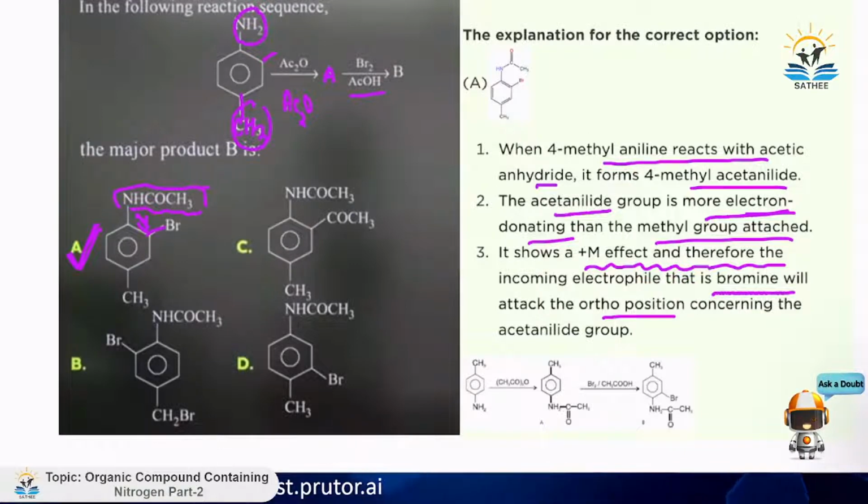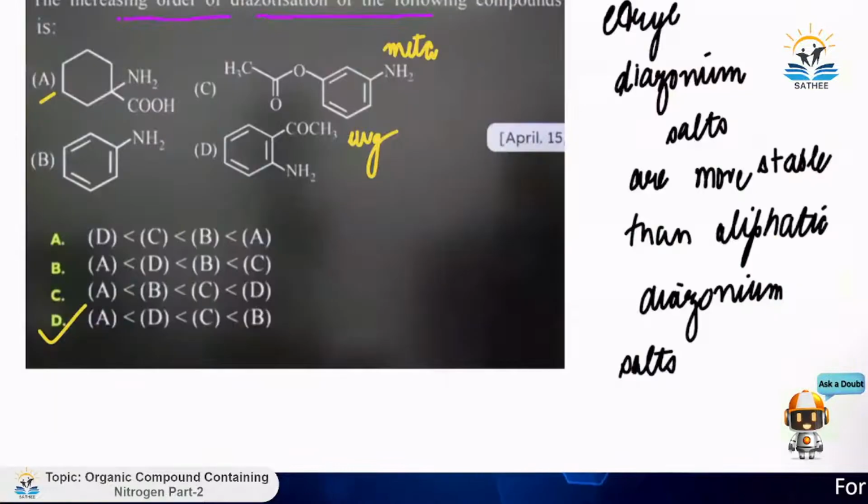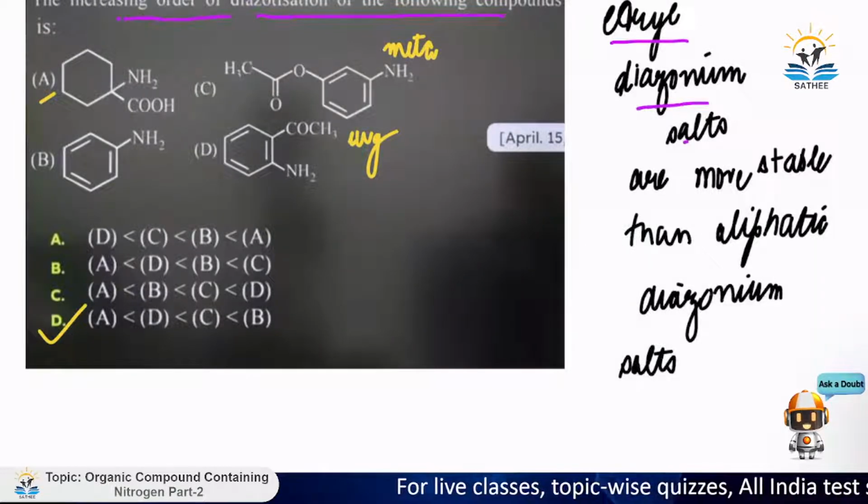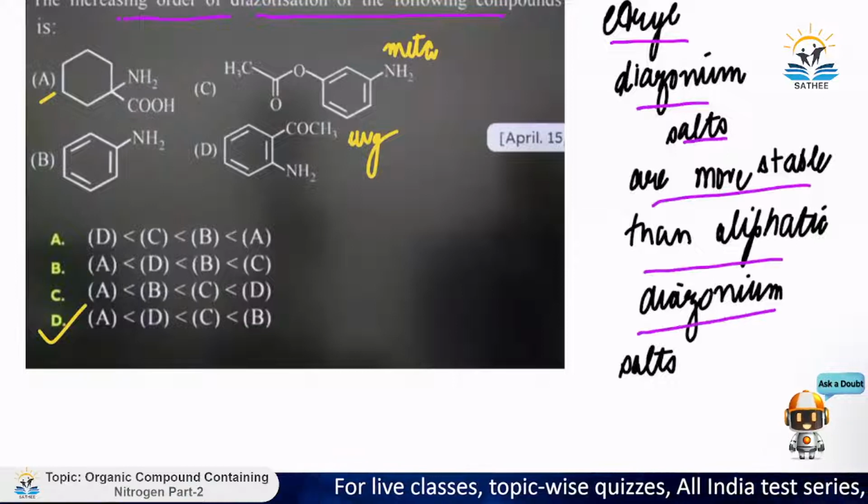Now further, the increasing order of diazotization of the following compounds. Now we have to arrange in the order of diazotization. So we have to know one thing for solving this question, that aryl diazonium salts are more stable than aliphatic diazonium salts.